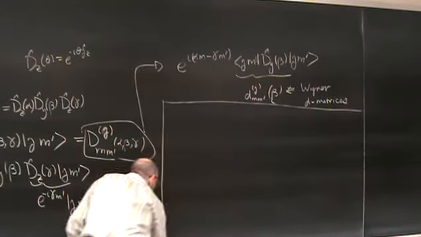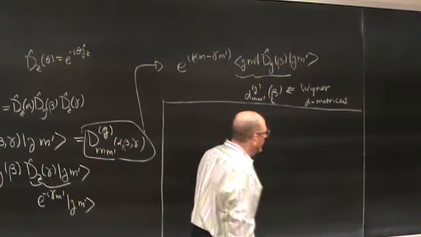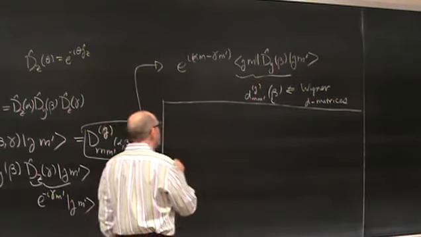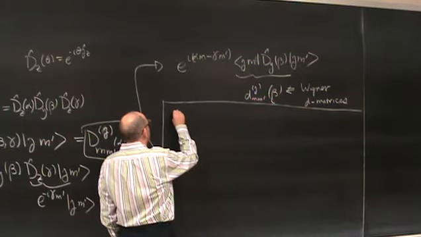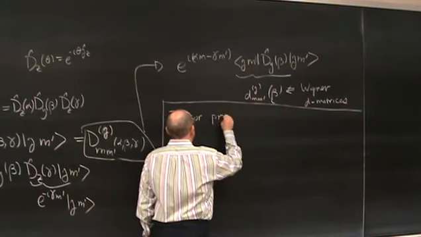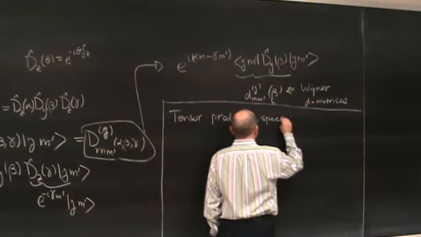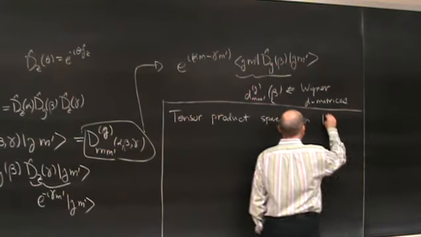Continuing on, what we were talking about at the end of the lecture, what we want to pick up with now is the question of tensor products of Hilbert spaces.